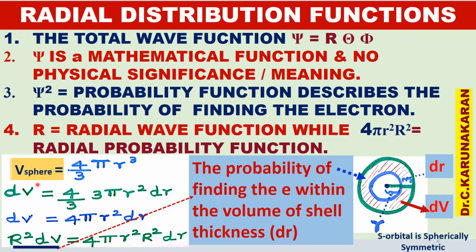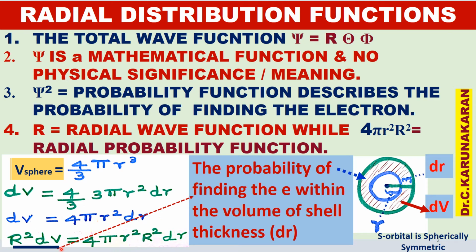On differentiating, the volume of the shell dV equals 4 by 3 into 3 pi r square dr; the 3 gets cancelled, therefore dV equals 4 pi r square dr. Now the probability is obtained by multiplying R square into dV.